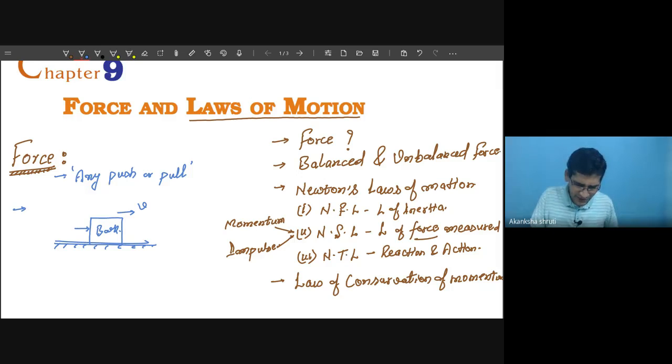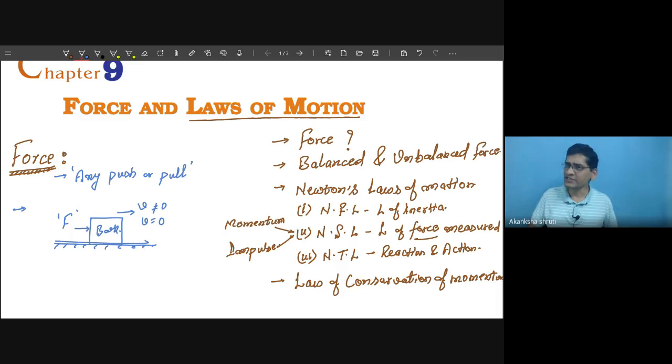Even if you apply the same push to a lesser extent, the object may not move, though you have applied the push. That push is also called force, though the state has not changed.